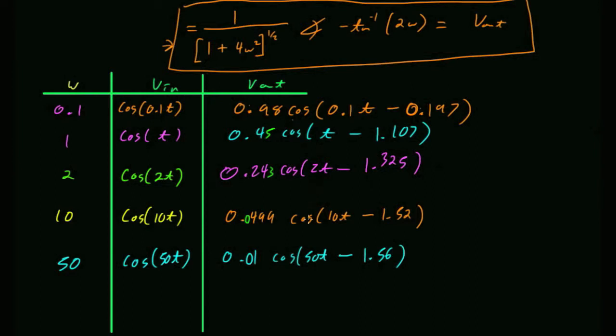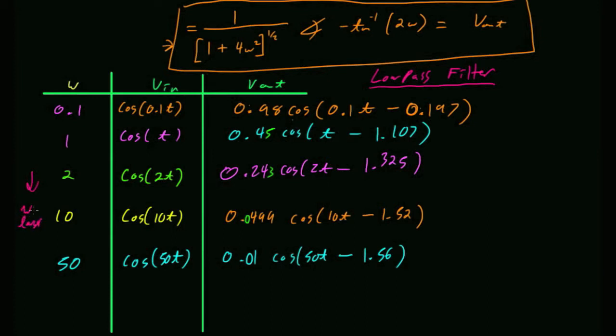Is this a low-pass filter? Yes. As the input frequency gets higher, omega is 0.1, 1, 2, 10, and 50. As the frequency gets larger, what happens to the amplitude of your output cosine? Smaller, right?